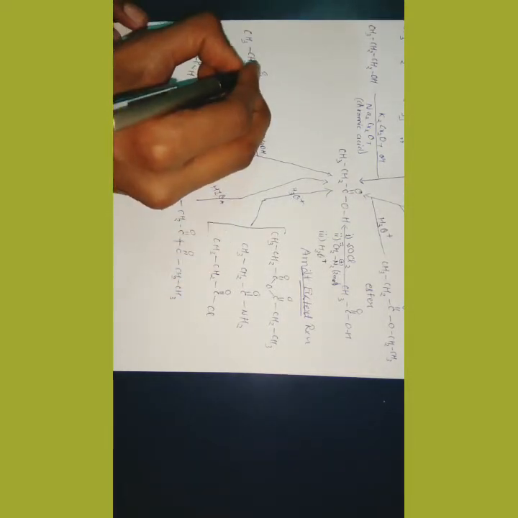Sorry, I said it was Hoffmann bromamide, which gives a primary amine. Sorry for the inconvenience. This is the haloform reaction.